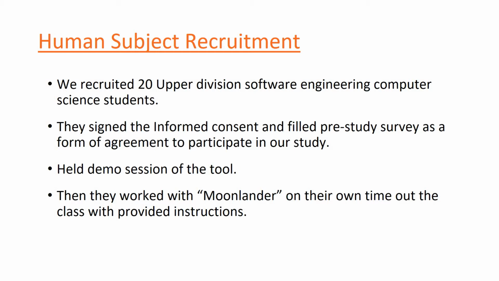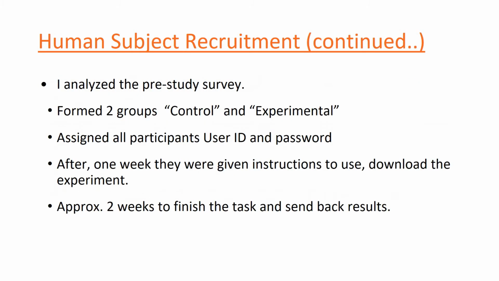They were given 1% extra credit in their class assignment, and if people didn't want to participate, they had other options to gain the 1% extra credit. Then we held a demo session of the tool where they got familiar with using retro, and after that they worked on their own using the Moonlander dataset.